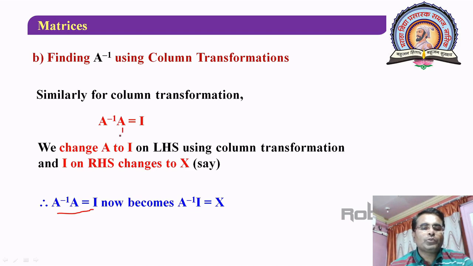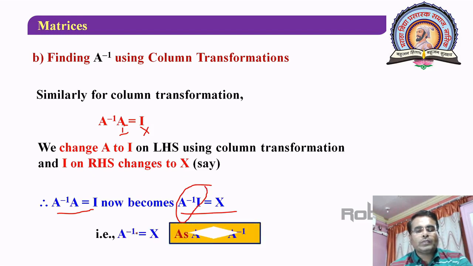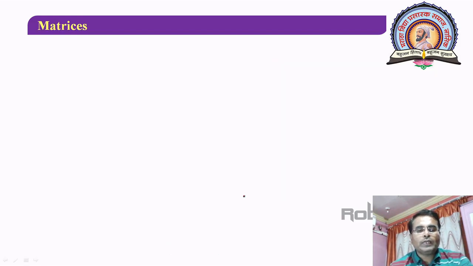We reduce this to identity matrix, and we consider this as reducing to X. Therefore A inverse into A is equal to I now becomes A inverse into I is equal to X, and we know that A inverse into I is nothing but A inverse. So therefore A inverse is equal to X. This way we will get the required inverse of a matrix.